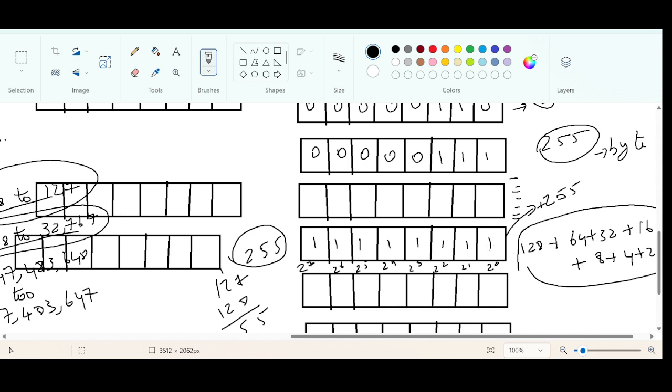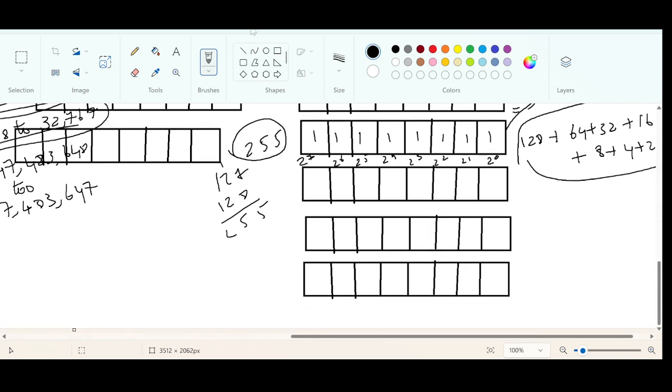Please find a way. To understand that, we need to understand what the 2's complement is. Let me write that here. 2's complement. After understanding this 2's complement, we can arrive at this conclusion.